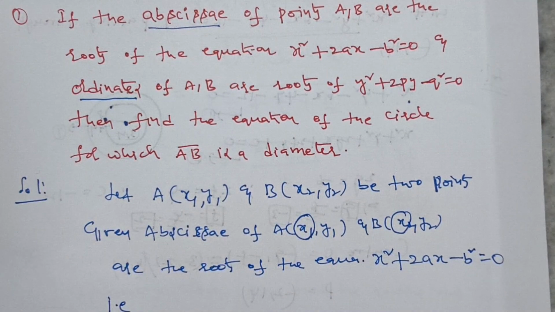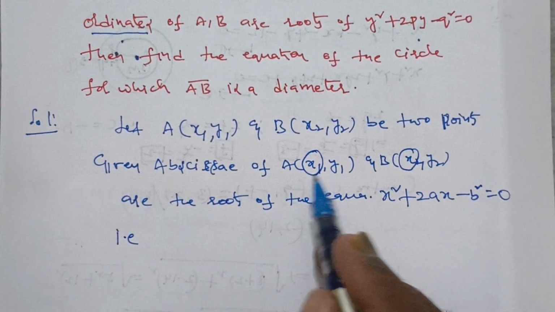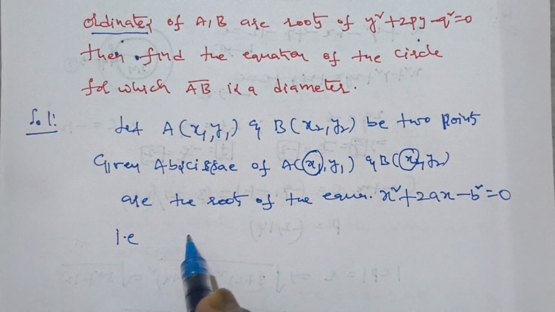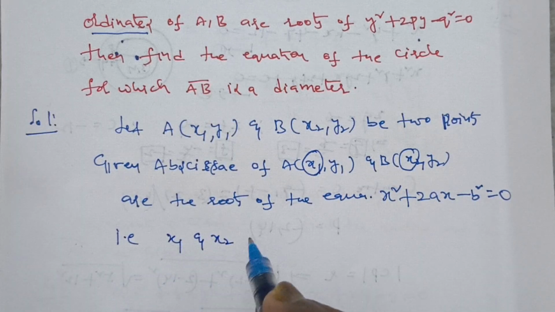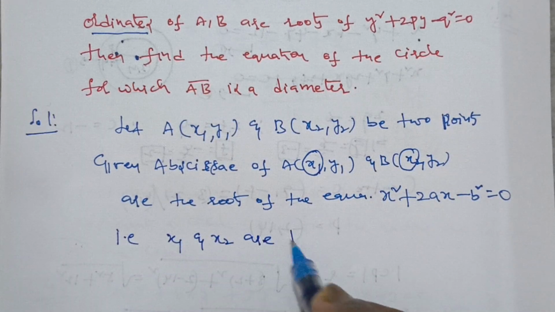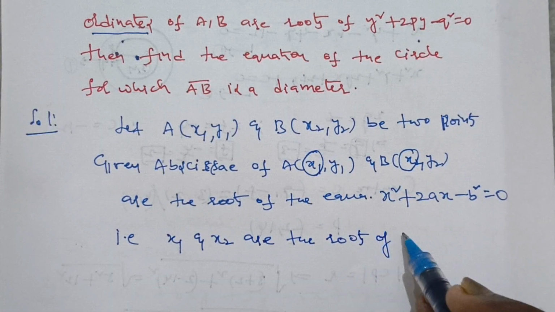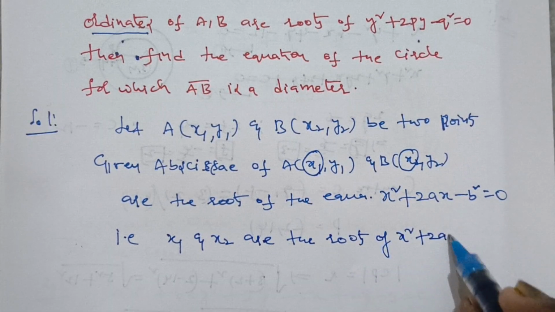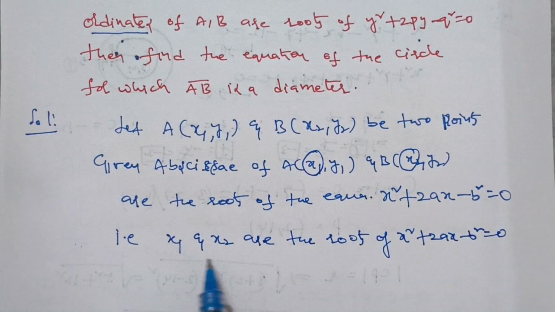That means x1 and x2 are the roots of x square plus 2ax minus b square equals 0.